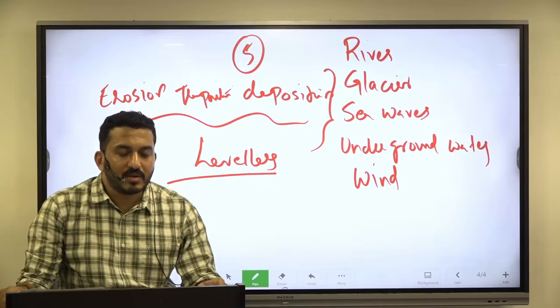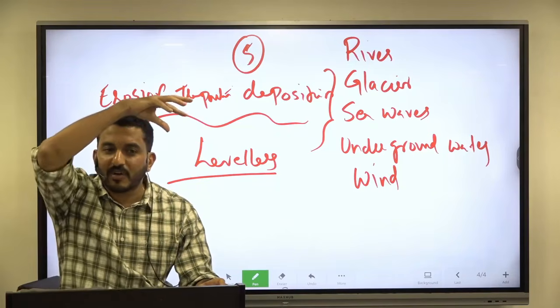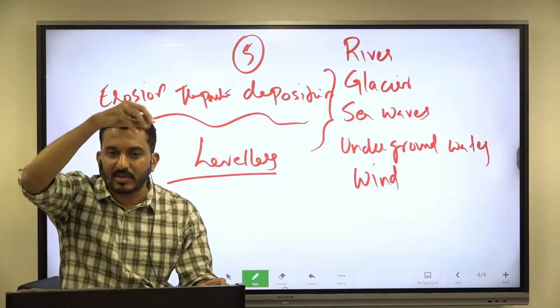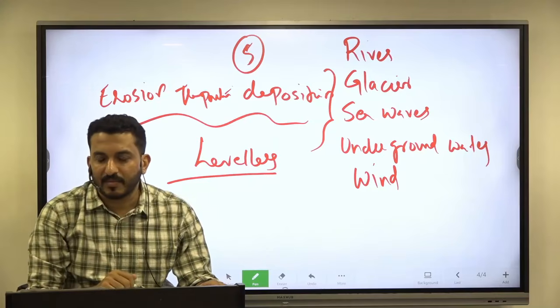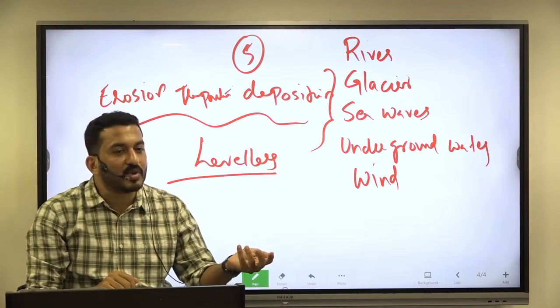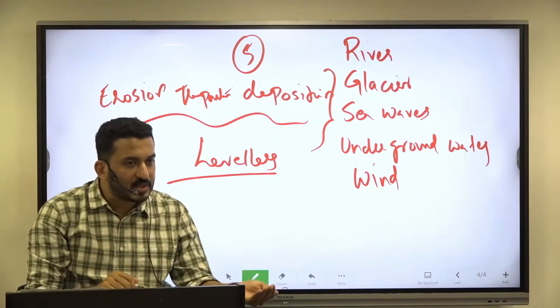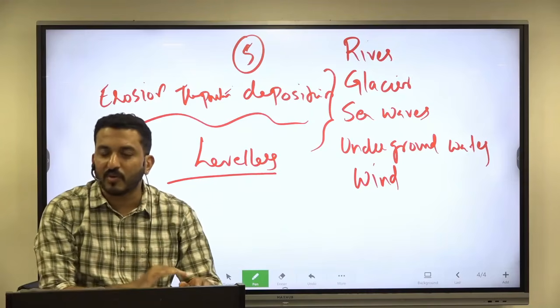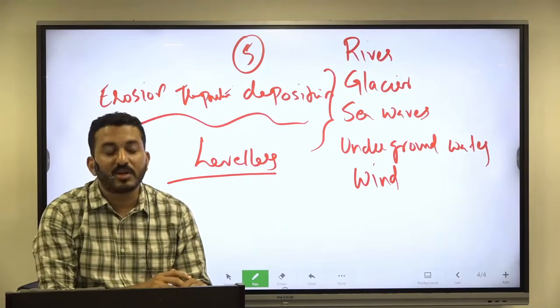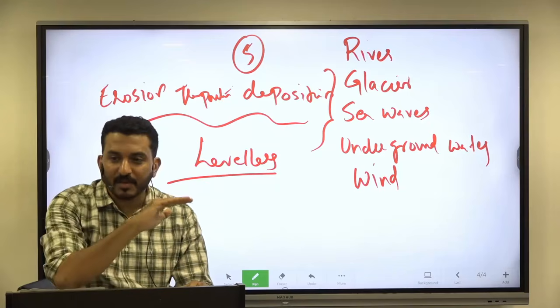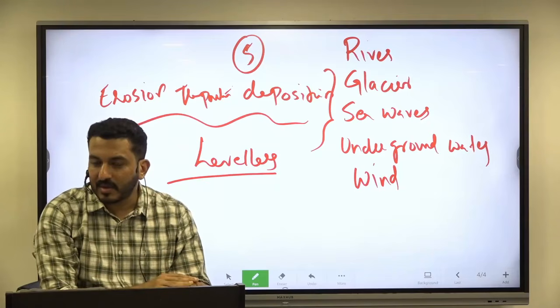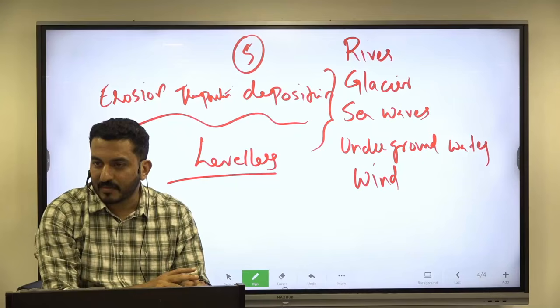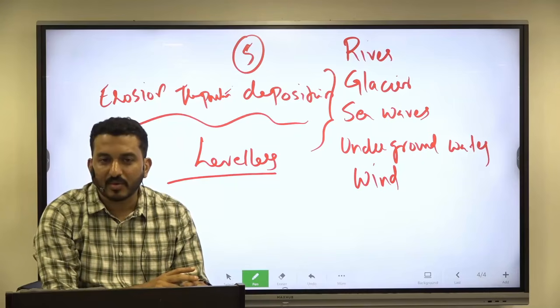At the same time you have river systems like the Gangetic river system eroding the Himalayas. So endogenic force is increasing the height of the Himalayas, while exogenic force is decreasing it. Simultaneously this is happening.